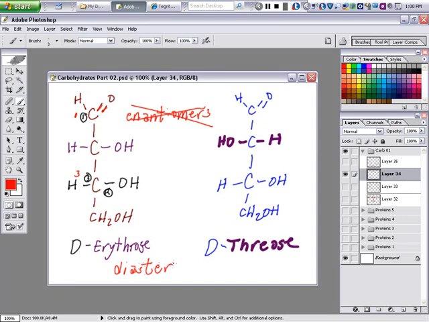D-I-A-S-T-E-R. Make sure I get this word right. Diastereomers. So they're not mirror images, but they're still isomers. And so we call them diastereomers.